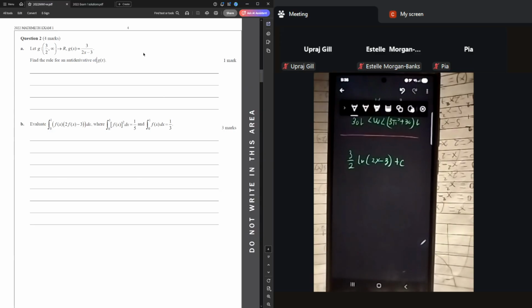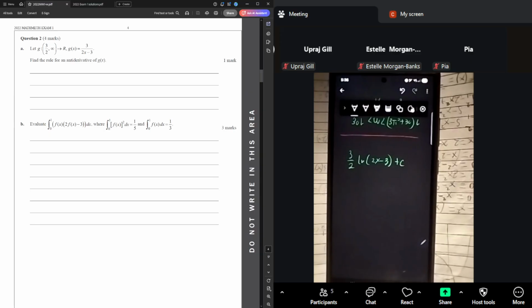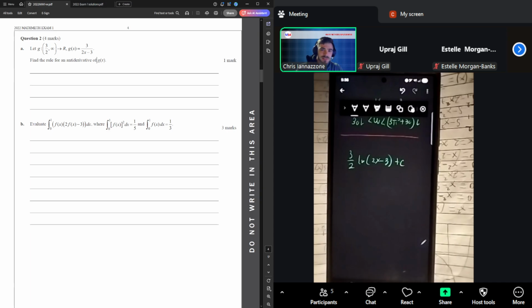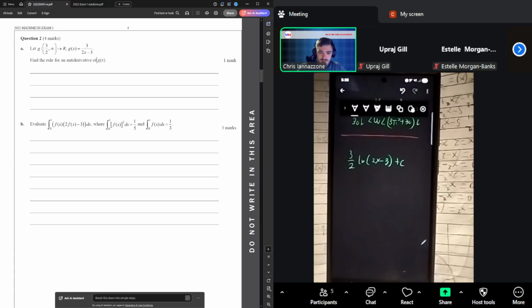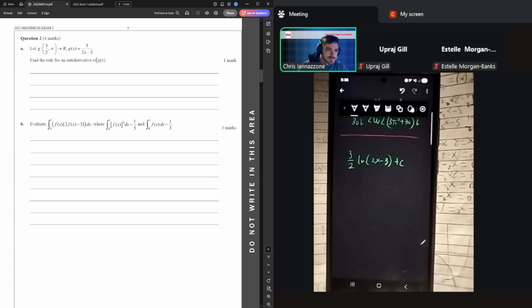So technically speaking, plus c isn't a major requirement there because if you set c equals 0, that is an antiderivative of g. It's one of many possible antiderivatives of g. And so the plus c isn't necessarily required in that one. I've had a look at the actual official exam report in there, and they say it's fine to leave it off. So just figured I'd clarify a bit of a nuance around that one.